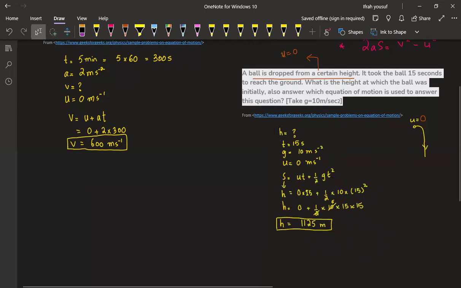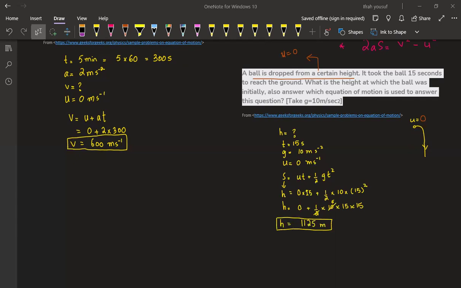Okay, so let's take another one. Do you have any idea about the instantaneous velocity? Although this is not part of the syllabus, if I say instantaneous velocity, what is instantaneous velocity?